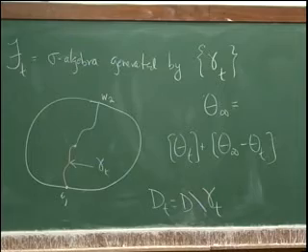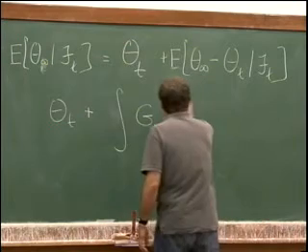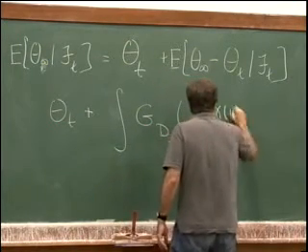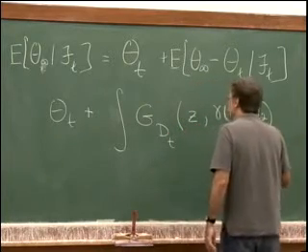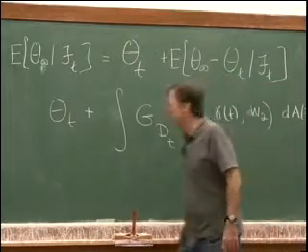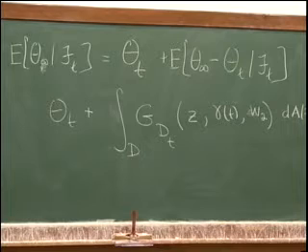So it's G_{D_t}(z) dA(z), going from gamma(t) to W2. And I can either write D or D_t for this integral.